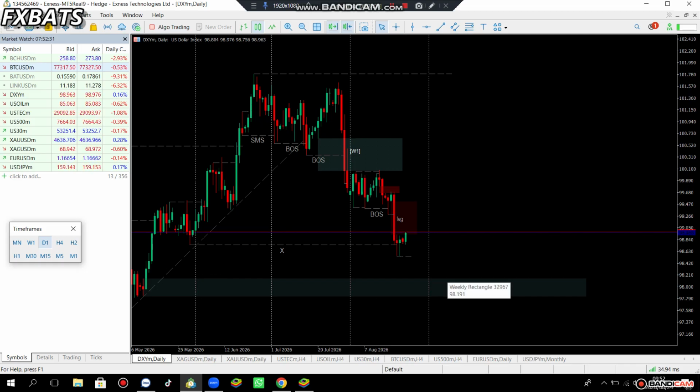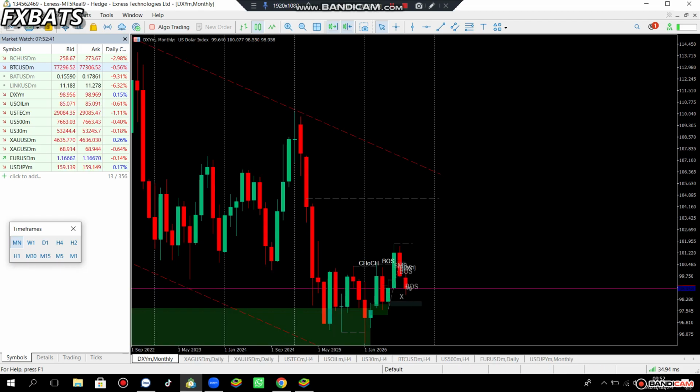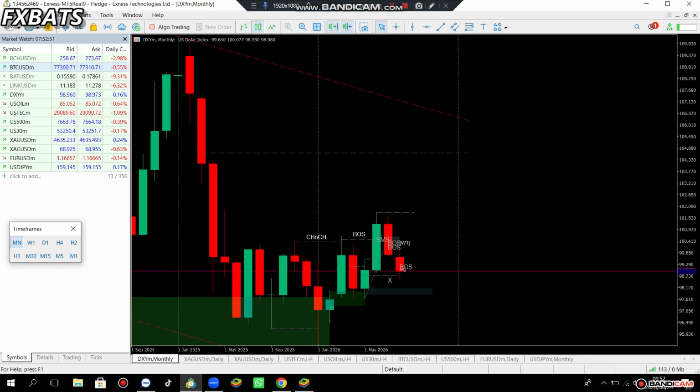Like I always say, on monthly I just look for the direction bias, and the direction bias on my DXY is bullish because of the bullish structure that we have on monthly.